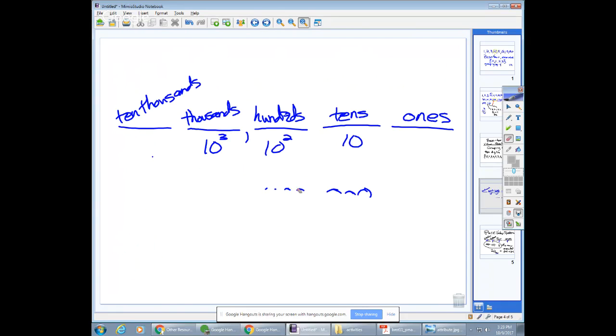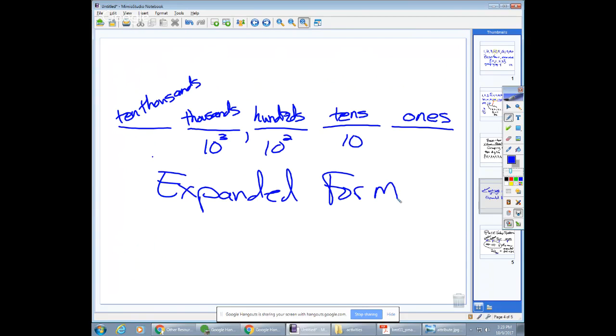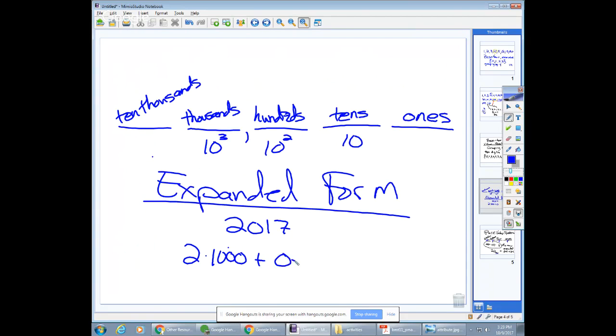Okay, next. Expanded form of a number. We've kind of looked at that a little bit. Expanded form just means explicitly name the place values. So, for example, it is 2017 right now. That's kind of a complicated number. It means 2 1,000s and no 100s and 1 10 and 7 1s.